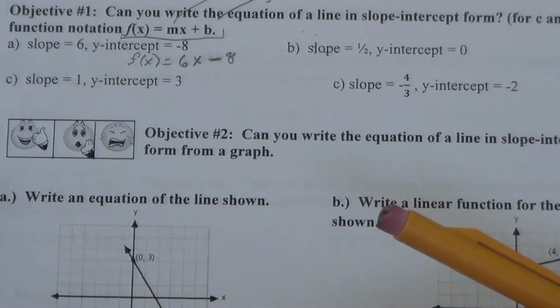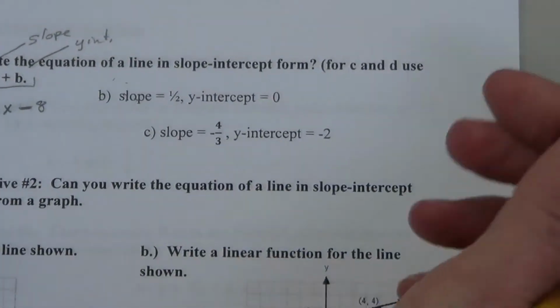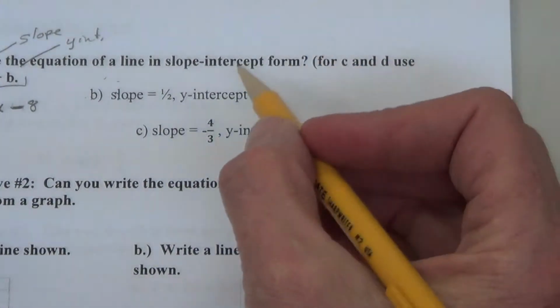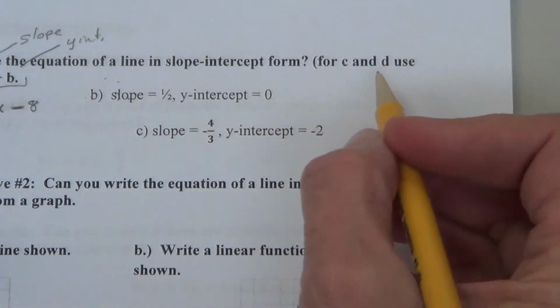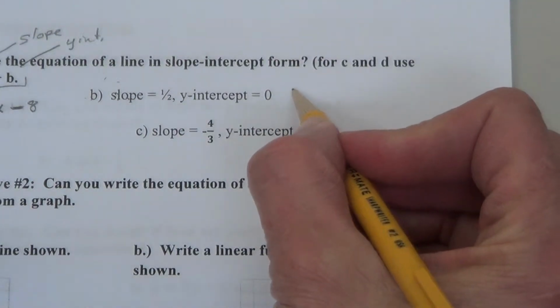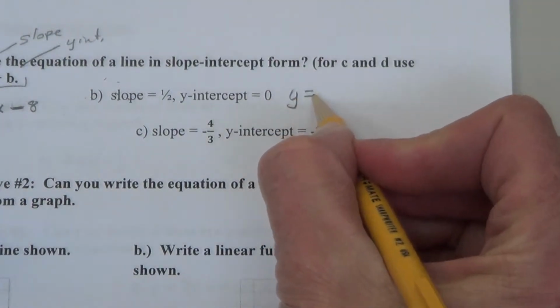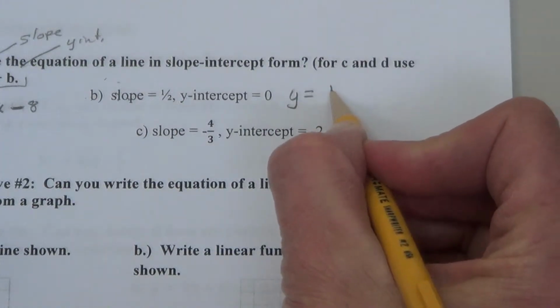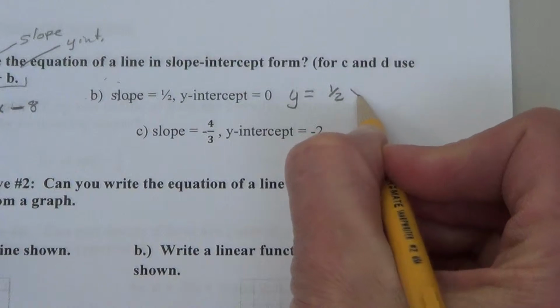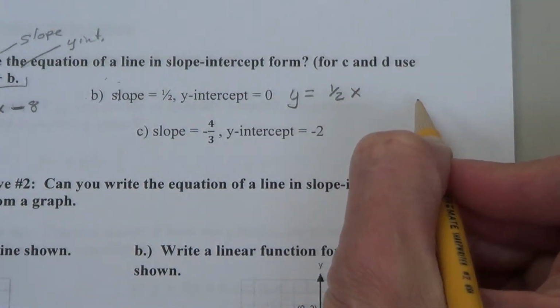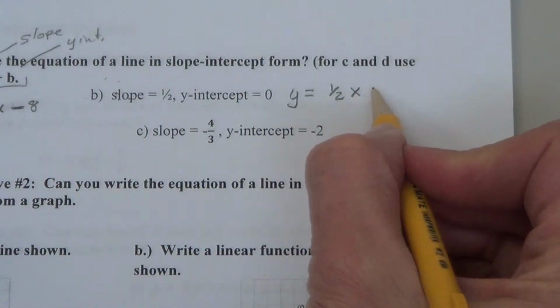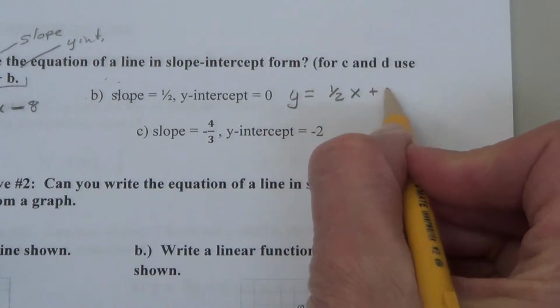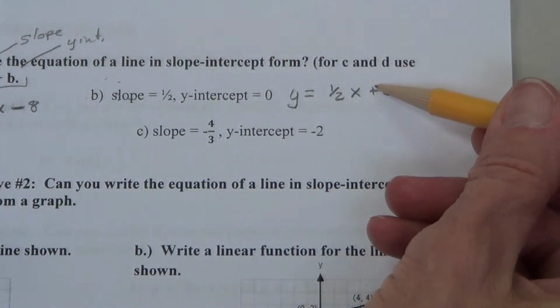Okay. On B, we're told the slope's 1/2, y-intercept 0. So we write y equals, you would normally put mx plus b. The m is 1/2. Slope always has x attached to it. And then it's up to you whether you put plus 0 or whether you just leave it without anything.